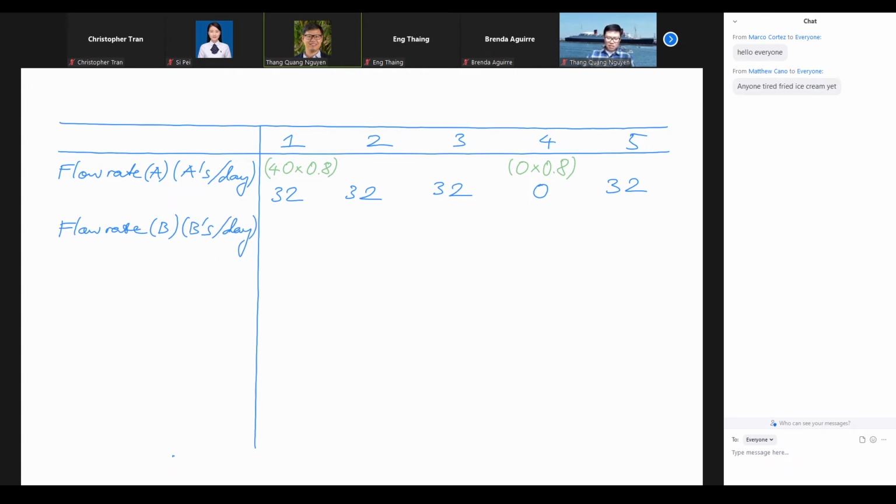So in the second one, let me remind everybody that we have 50 burgers. That's the original demand. Today, the customer ordered 50 units or 50 burgers.